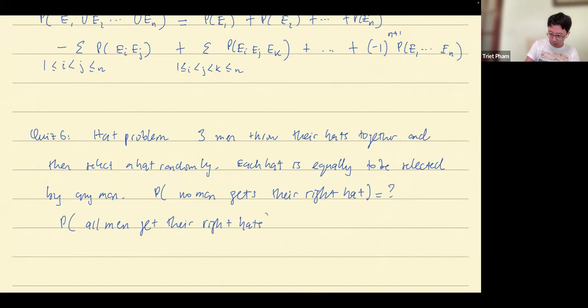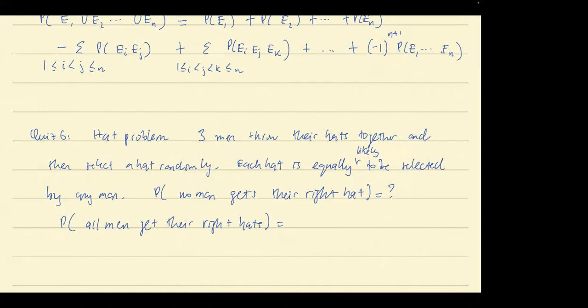What is the probability that all men get their right hat? 1 over 3 factorial. That's correct.